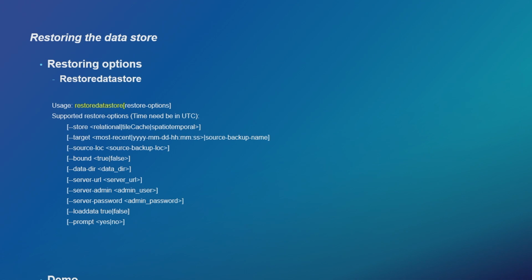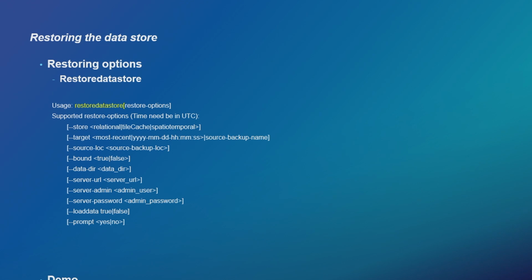When you do an out of place restore, move the backups to the new machine, and then don't configure. Rather, run this command, restore data store, right out of the gate. And there's some interesting things you need to note here. So the -store parameter, you would just choose a particular type, for example, say relational. For your target, it's going to be the name of that backup, the name that you chose.